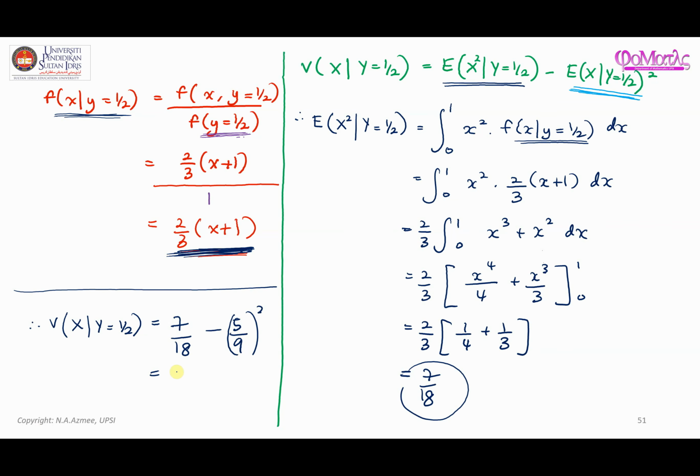So here we have 7 over 18 minus 25 over 81, which is 13 over 162.